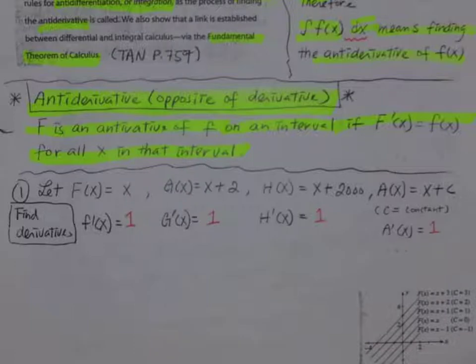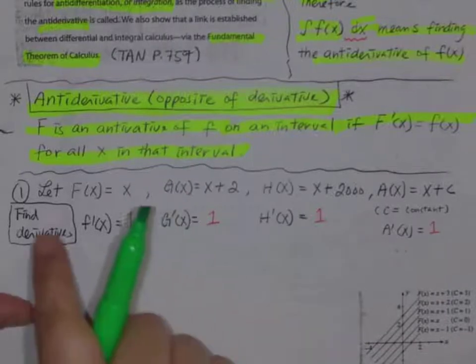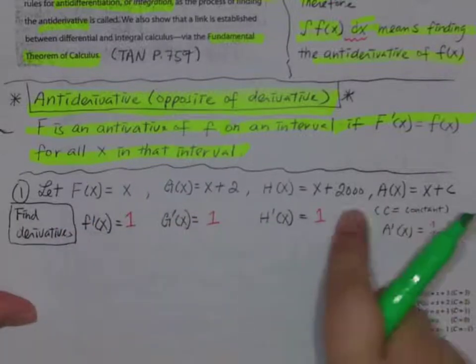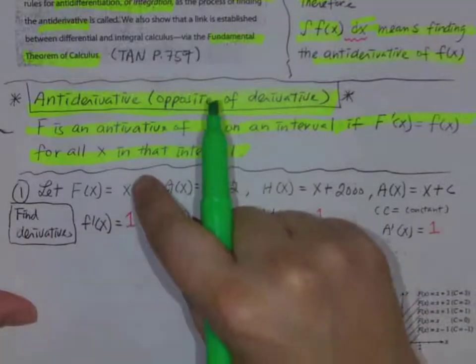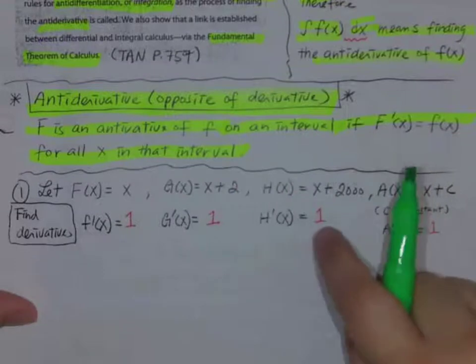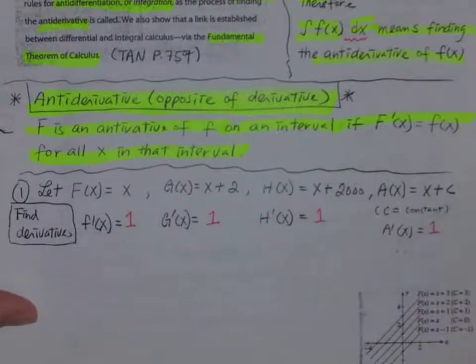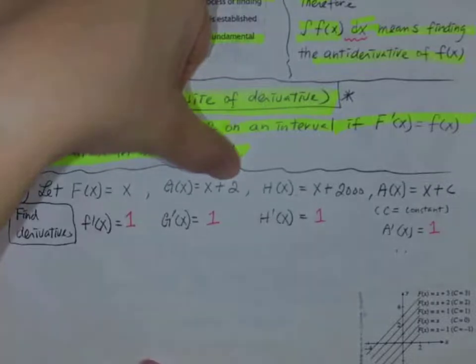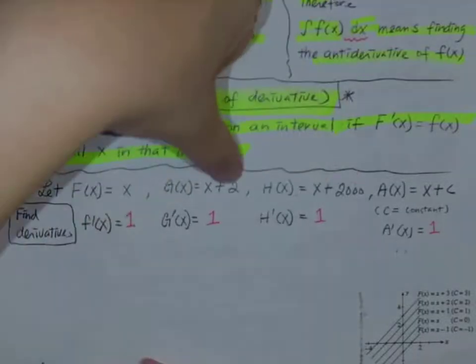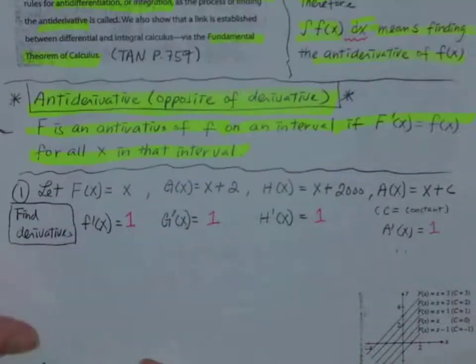So here is the issue. If you are given the slope of this, and you need to come back to the original function, we only figure out the x part, but we lost the information for the constant part, the number part.